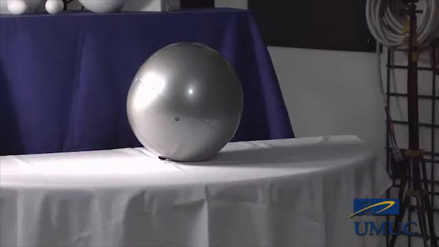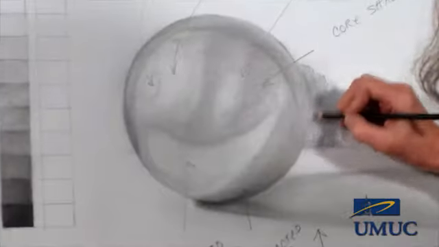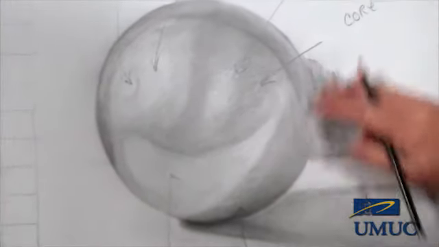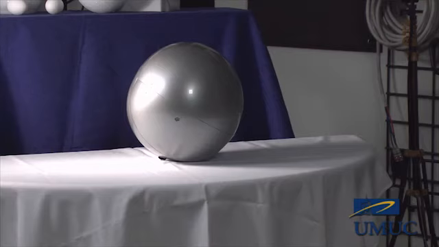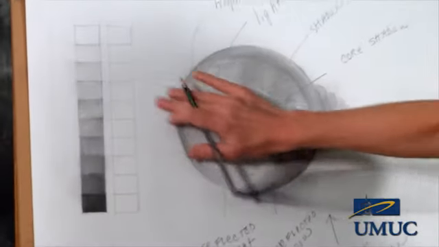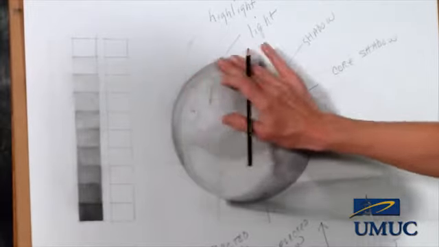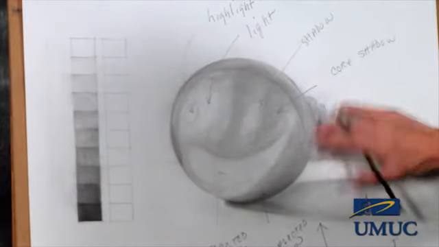And I could continue that on. The same thing could happen if this was a white sphere and there was a white background, causing a lost edge.